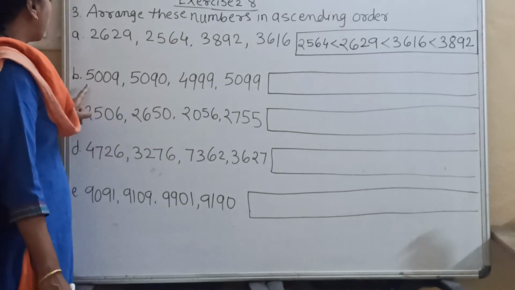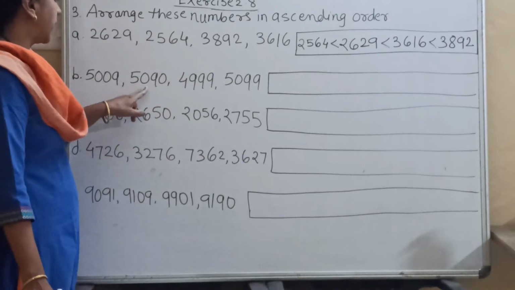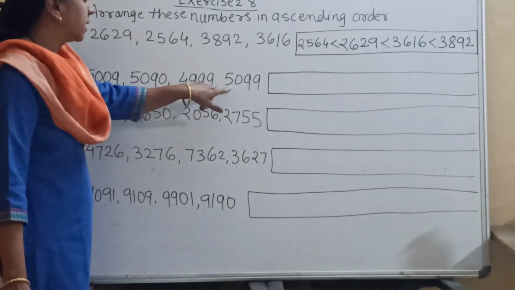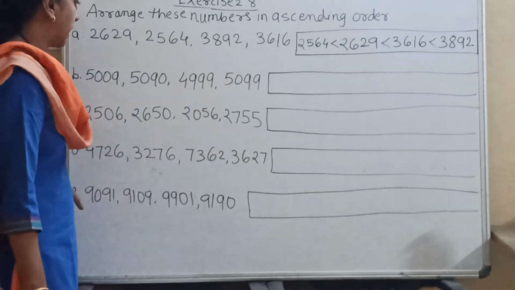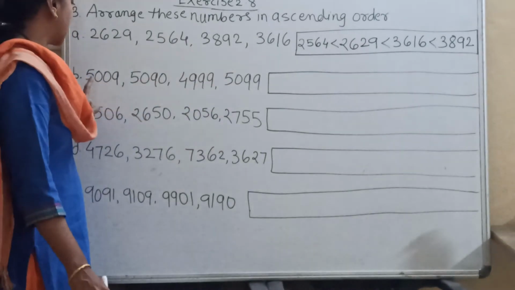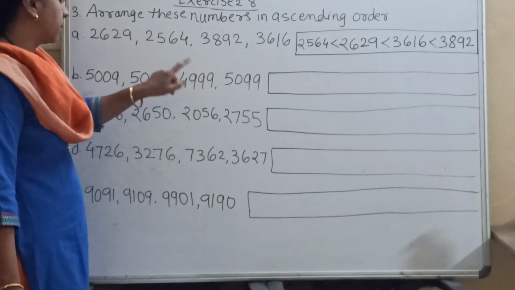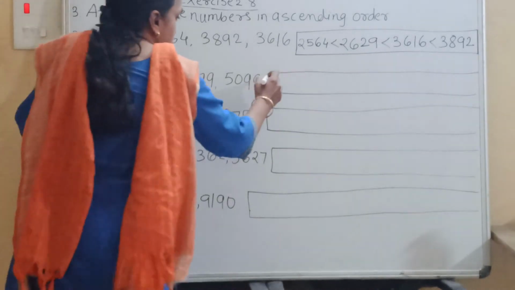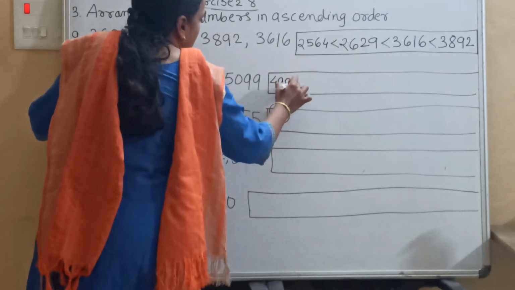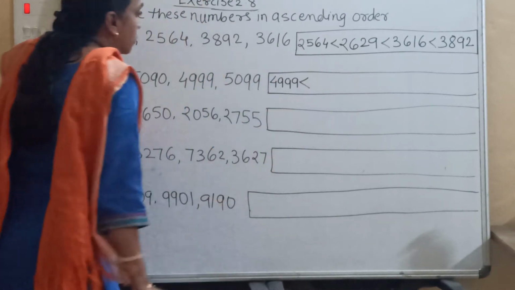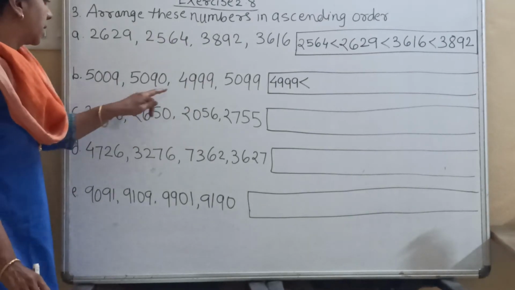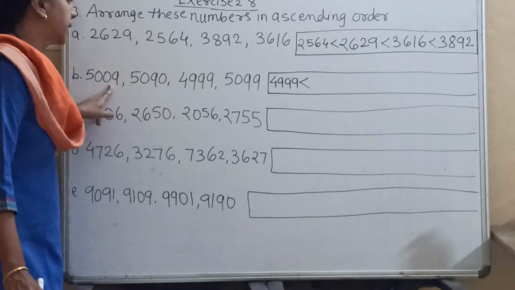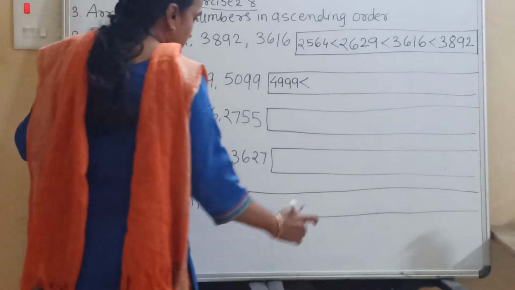So see now, 5009, then 5090, then 4999, then 5099. So among these four numbers, which number is smaller here? This number is smaller, 4999. So first write down 4999. Give this sign here. Then bigger than this number, 5009.